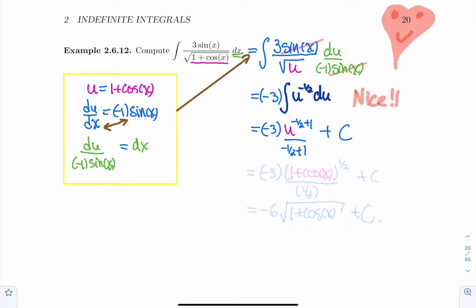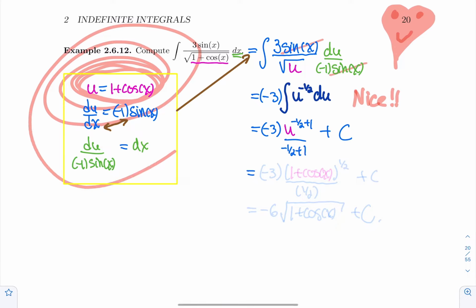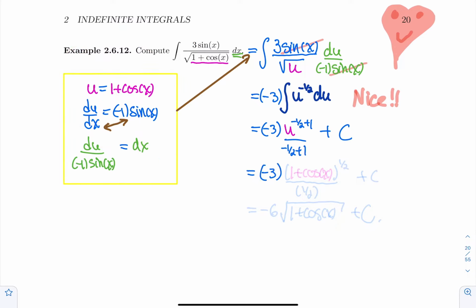So once the integration is done, you have to make sure that your answer is a family of functions, so you write your plus c. Now if you replace u by its original formula, u is 1 plus cos of x. So here we get minus 3, 1 plus cos of x to the power minus 1/2 plus 1, that's 1/2, divided by 1/2, plus c.